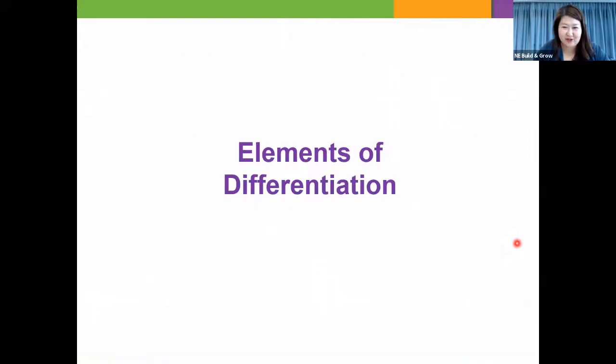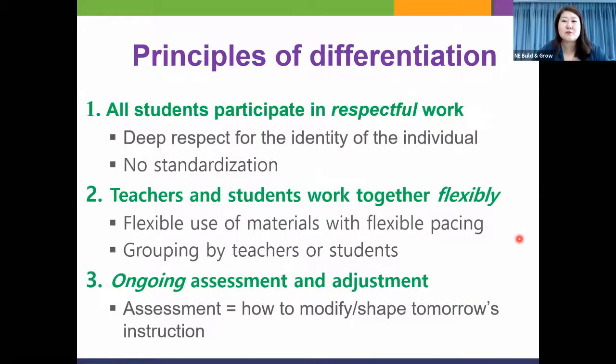So we're going to go into the elements of differentiation. There are several things. When we think about lower level students and upper level students all together, with upper level students, I can say write a beautiful essay, a nice project, and lower level students, you go sit there and draw a butterfly with your colored pencil, even though you're fifth graders.